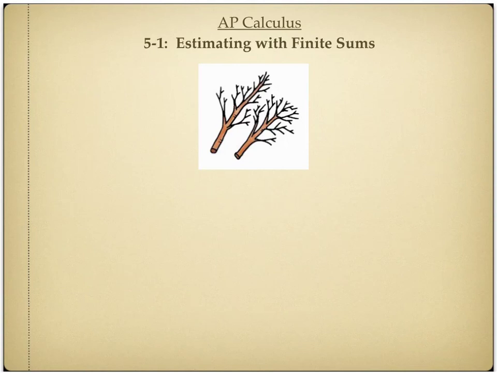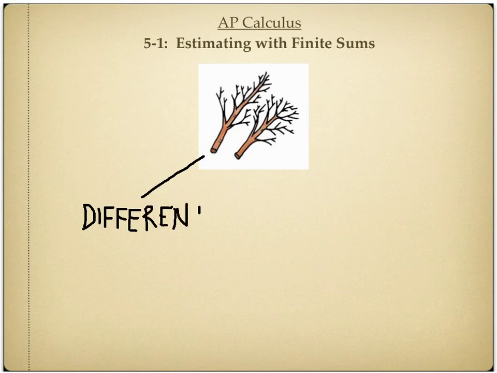Hi AP Calcers. We're going to start into Chapter 5 today, and you might have heard me mention the two branches of calculus. Up to this point we've looked at the first branch, which we called differential calculus, and the main idea with that was the derivative.